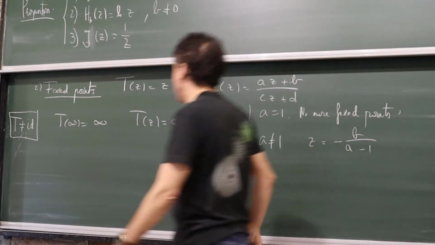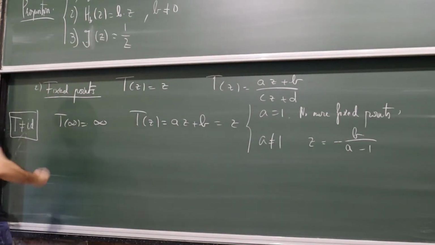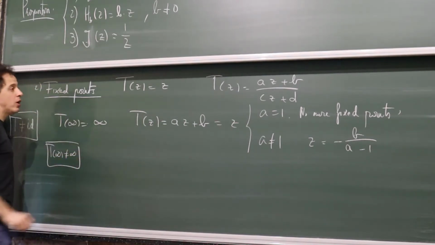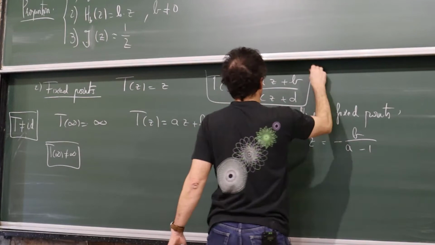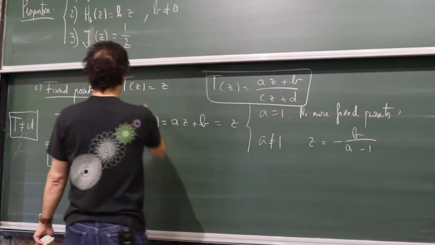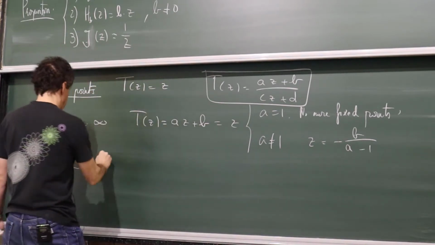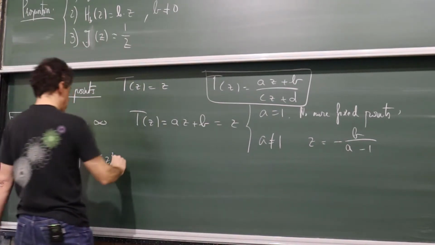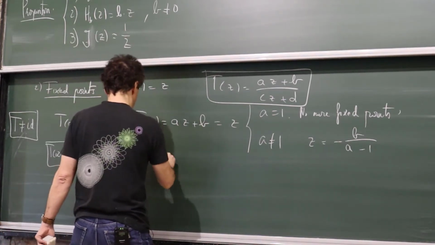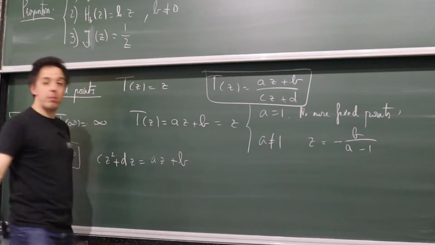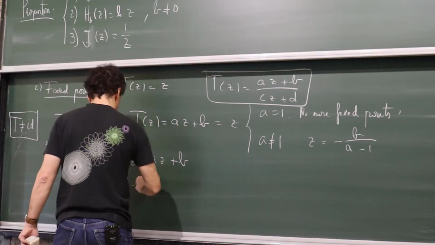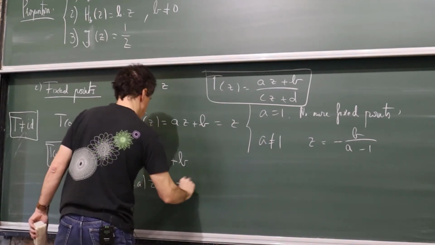And in the general case, if T of infinity is different from infinity, we can consider this expression here. If C is different from 0, you can set this expression equal to Z. So we have CZ square plus DZ equal to AZ plus B. So CZ square plus (D minus A)Z minus B equals 0.